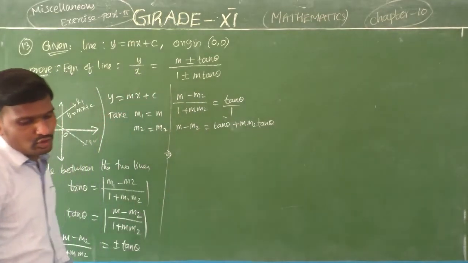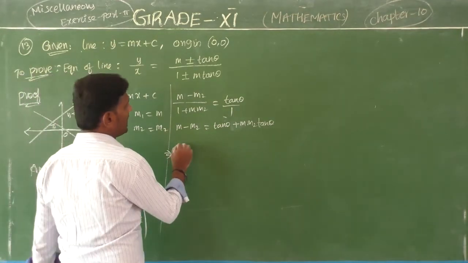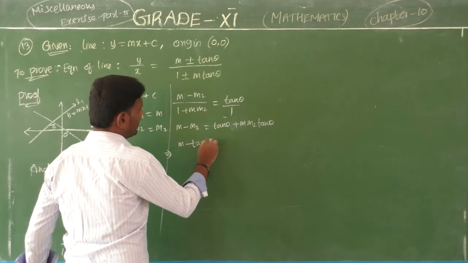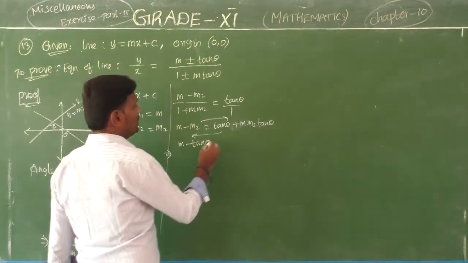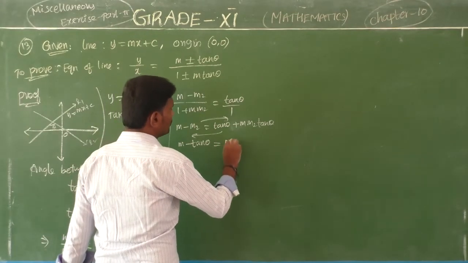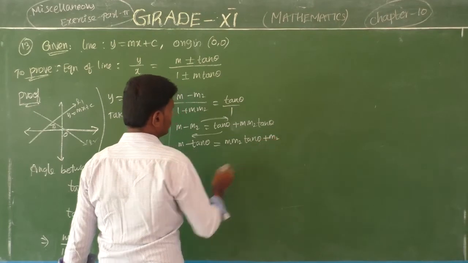We need only m2 to know, so I am moving tan theta to one side and m to the opposite side. So m minus tan theta is equal to m2 tan theta plus m2.